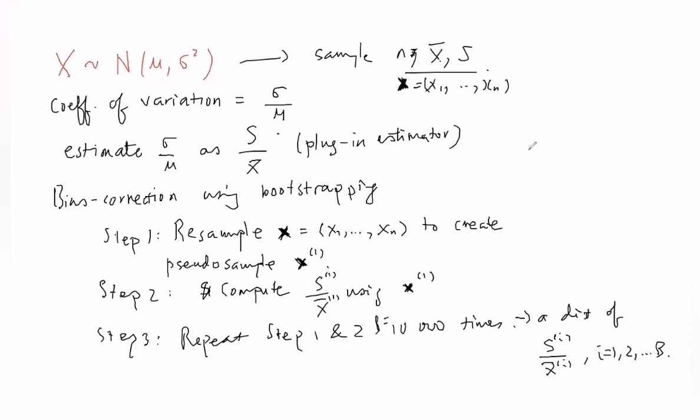From here, the bias correction works as follows. Once you have that ingredient, your bias estimate is equal to the mean of the bootstrap distribution of the following.